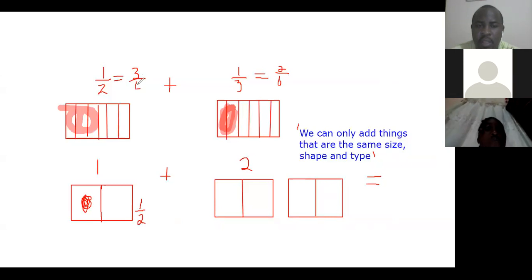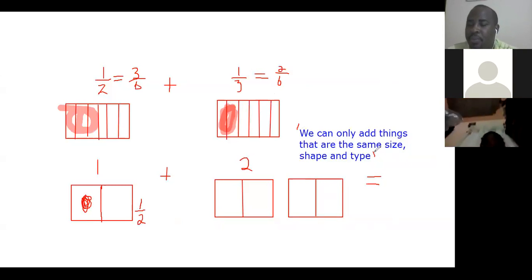So now the question is, Zaria, can we now add these two fractions together? Yes, sir, because they have the same denominator, sir. Okay, good. But what else is the same about them?